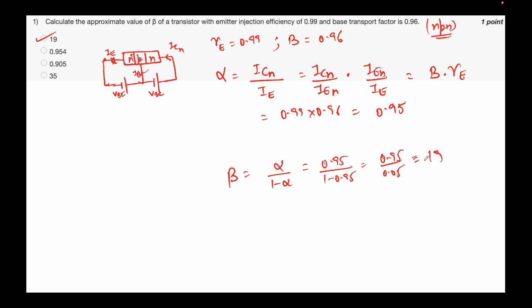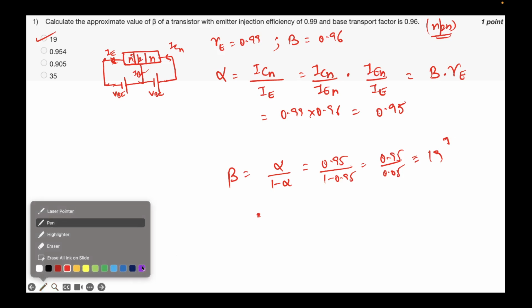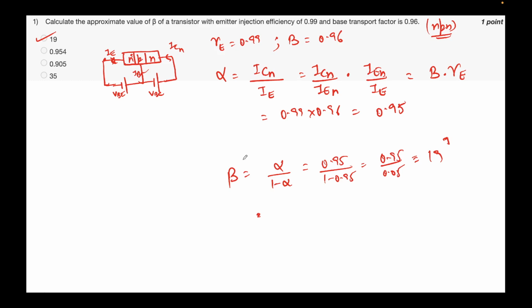That's a numerical number, that's fine, but what does it denote? So let's see that. Essentially, beta is also known as your current gain, given by IC over IB. Let's try to see if it's true or not.